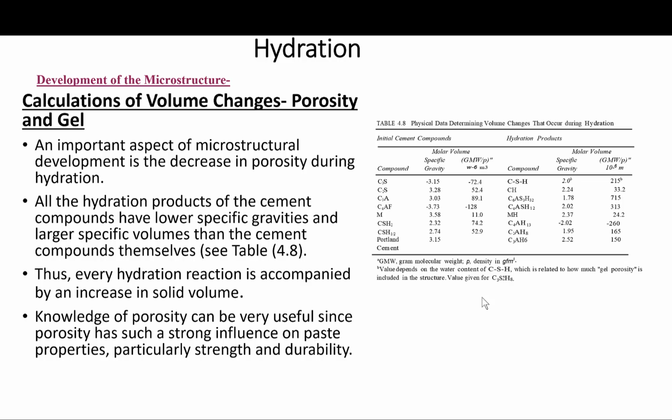As I said, knowledge of the porosity can be very useful since porosity has such strong influence on the paste properties. Particularly the strength and the durability, as we will see in the next set of lectures within this module.